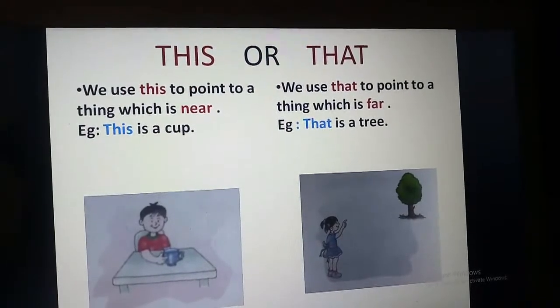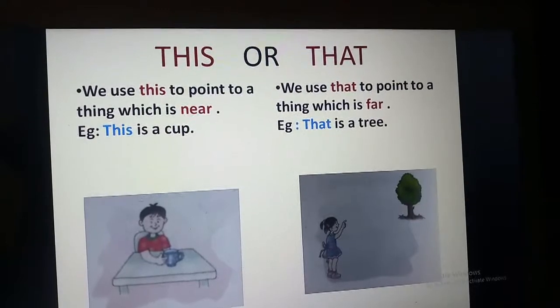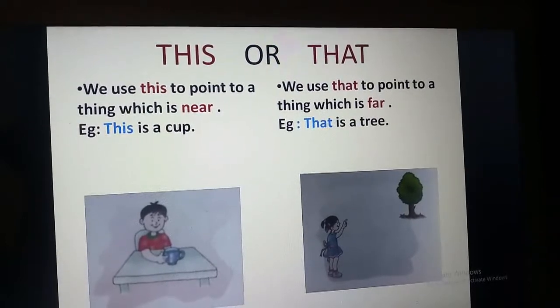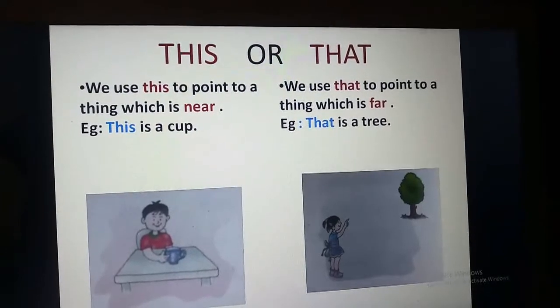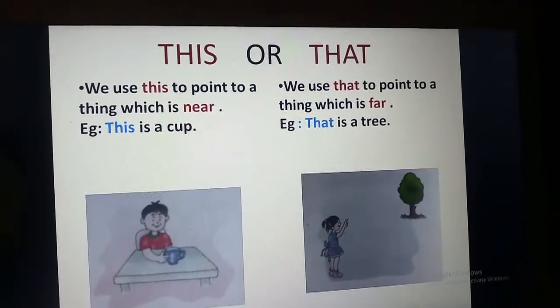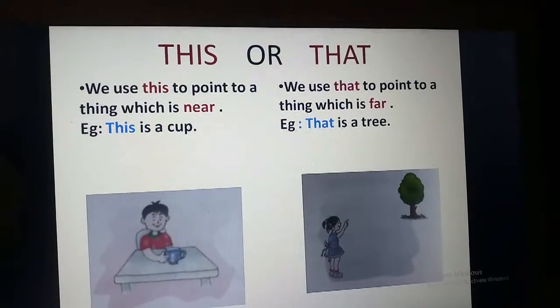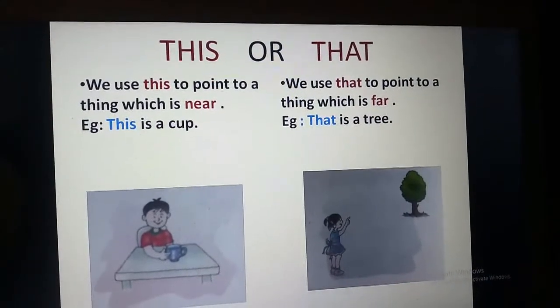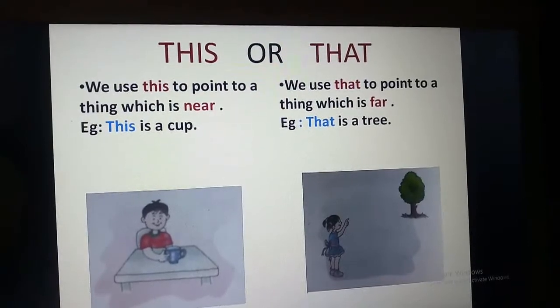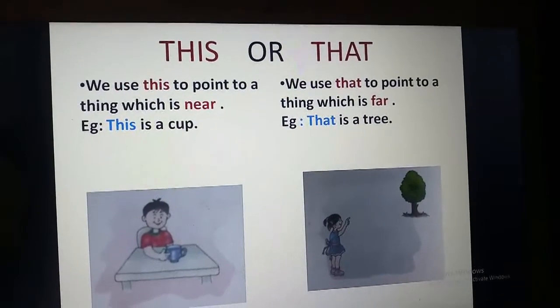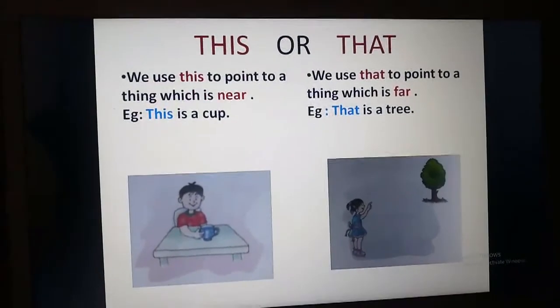Means we are using that when a thing is far from us. Far means हमसे दूर हो. जब कोई चीज़ हमसे दूर हो, that time we will use that. Look at the example. That is a tree.